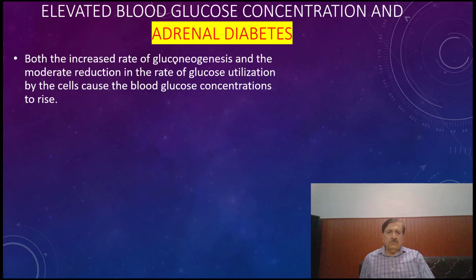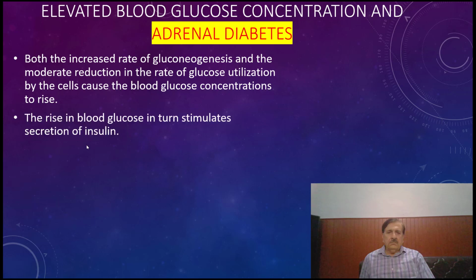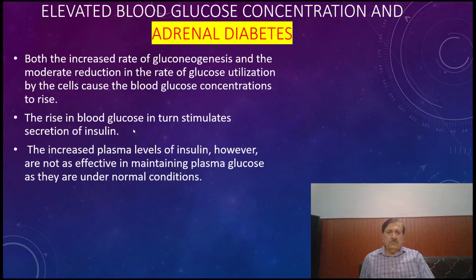There is increased production of glucose and less utilization of the glucose when there is high concentration of cortisol, so it leads to adrenal diabetes. The rise in blood glucose in turn stimulates secretion of insulin. When the blood glucose level is increased, there is release of insulin from the pancreas.